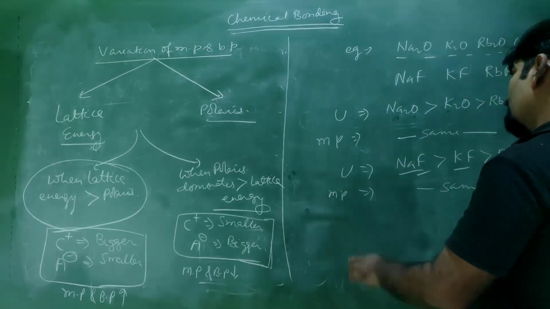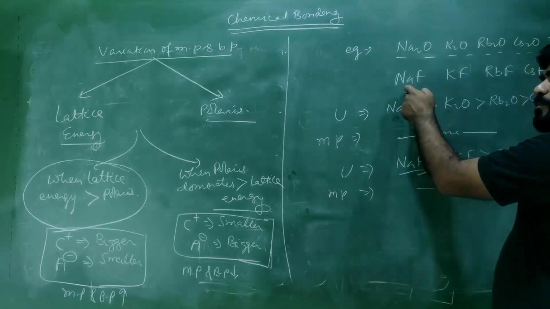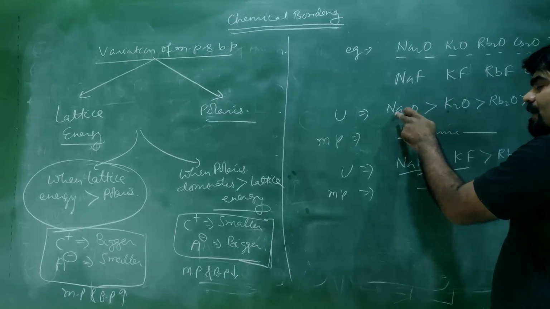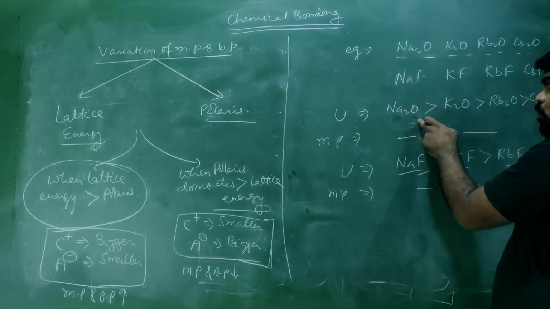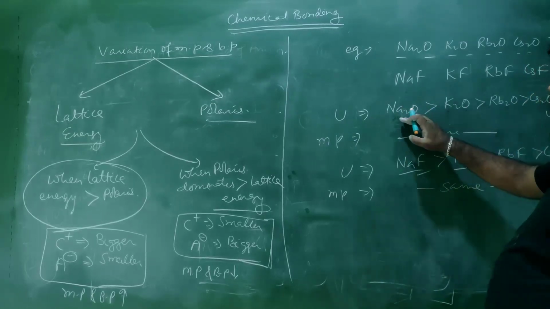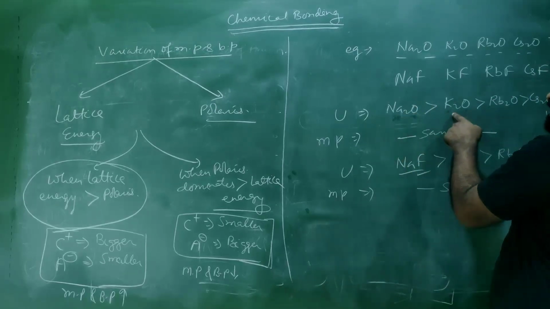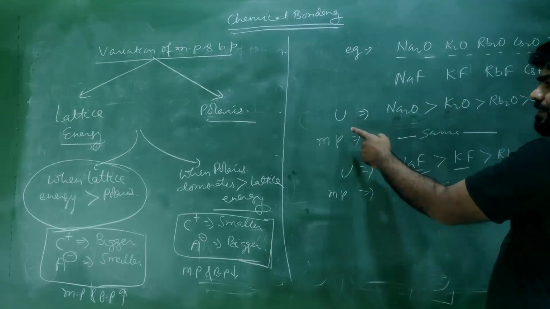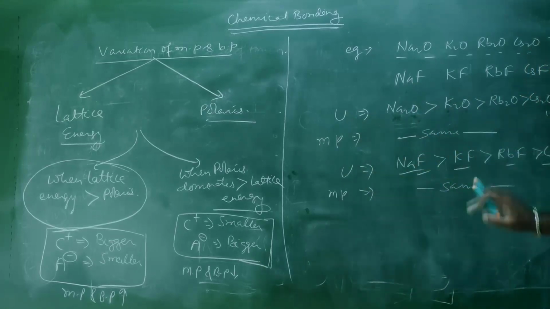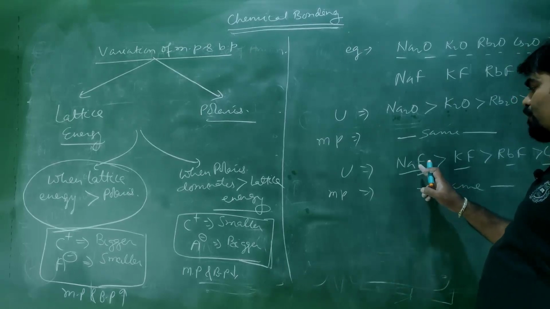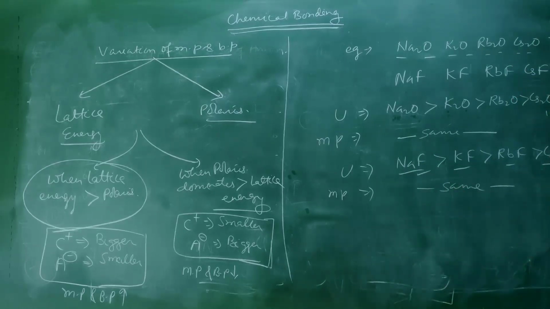Now, in this case the product of charge is more. Na+ and O2-, 1 into 2, product of charge remains the same. The variation is of size only, and as the size increases, lattice energy decreases, melting and boiling point decrease. Over here, there is Na+ and F-, product of charge is less, that is 1 into 1.